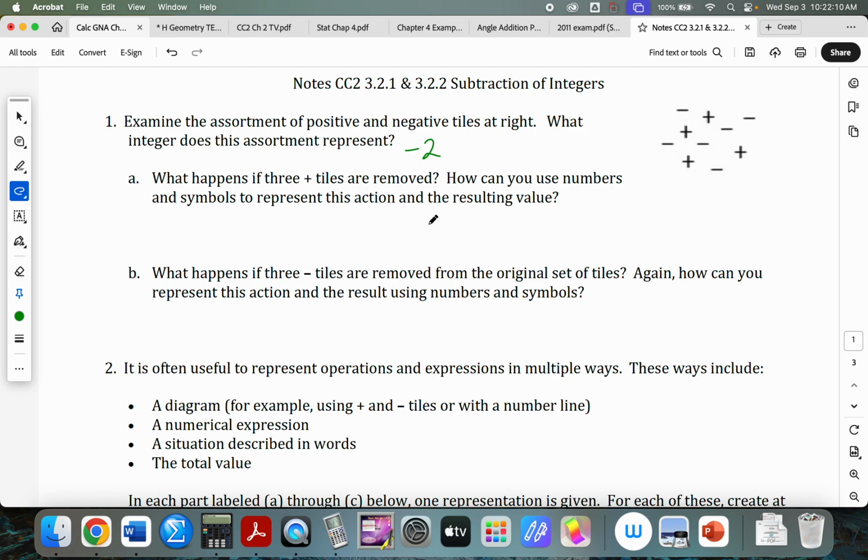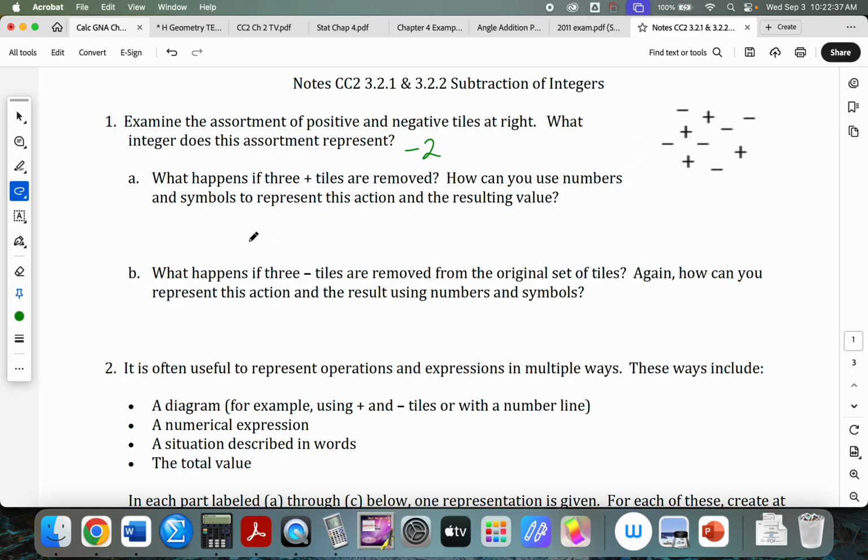So what happens if 3 positive tiles are removed? So in symbols, what I would do is go, okay, I have these positive and negative tiles, and with symbols, what I would probably do is put all the positives together and all the negatives together. I can't stand them all mixed together like that.